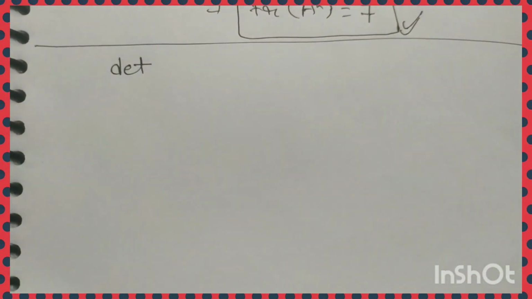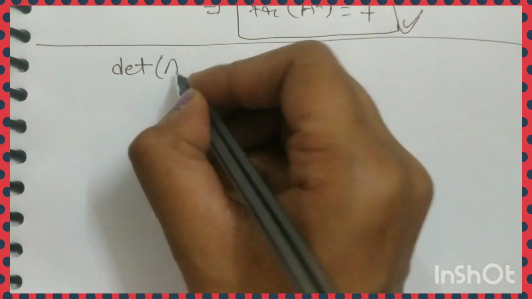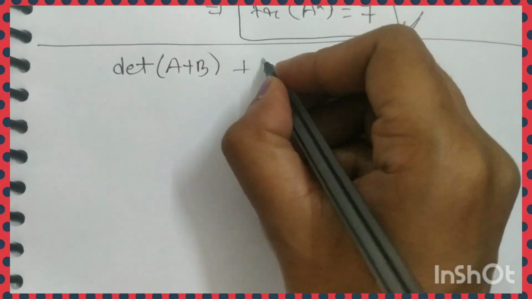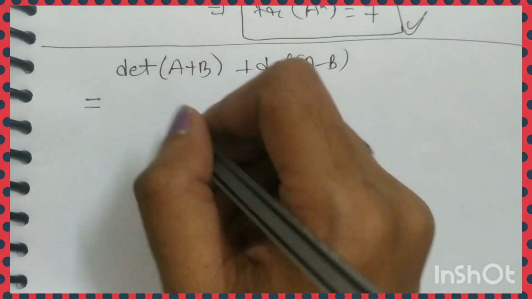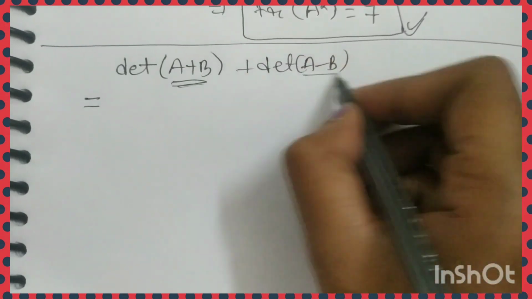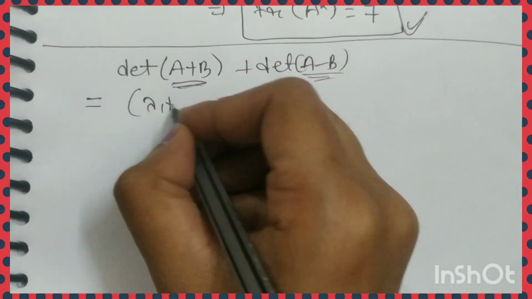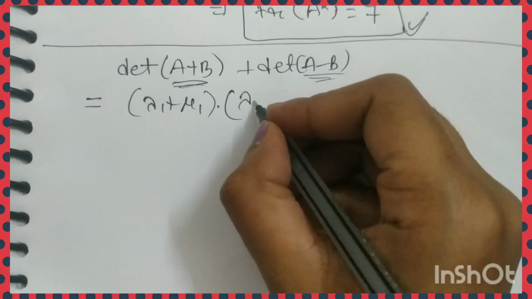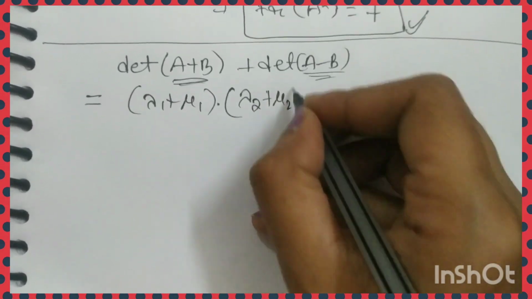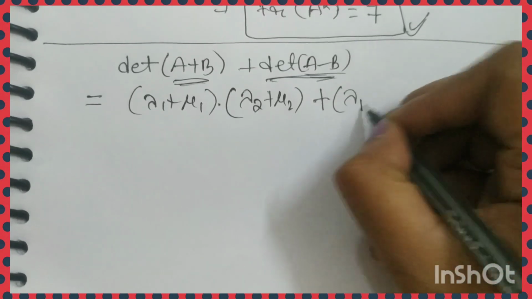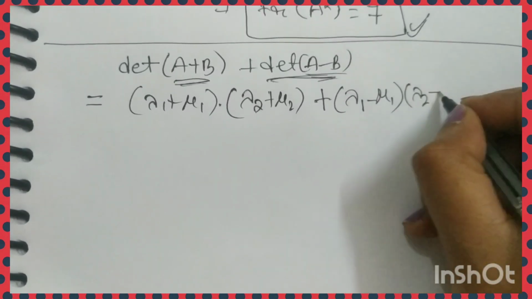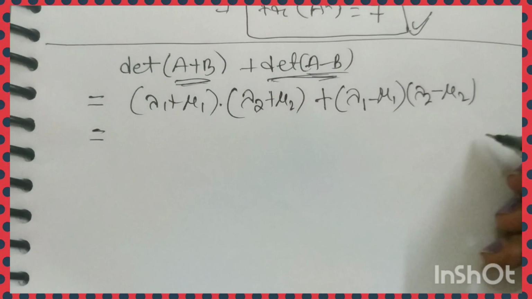When you use this, you will get determinant of A plus B plus determinant of A minus B, which is equal to, as you know the eigenvalues of these, lambda 1 plus μ1 into lambda 2 plus μ2, plus lambda 1 minus μ1 into lambda 2 minus μ2. Just try to solve it and see what you get.